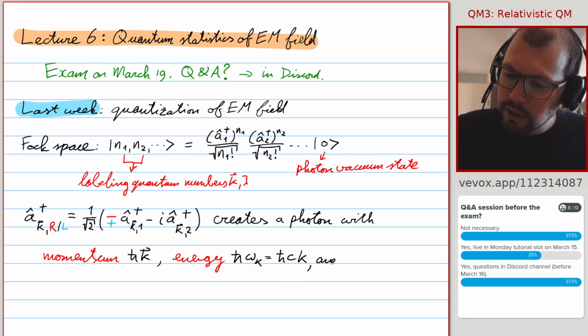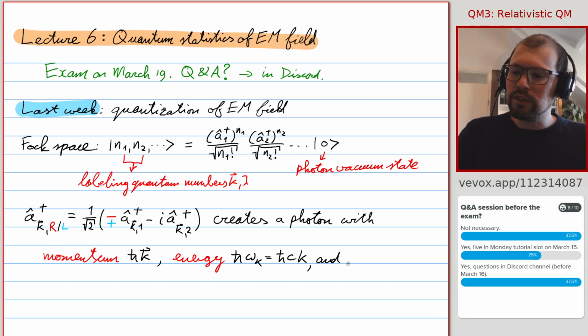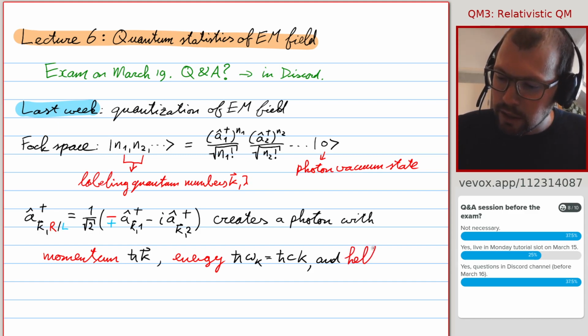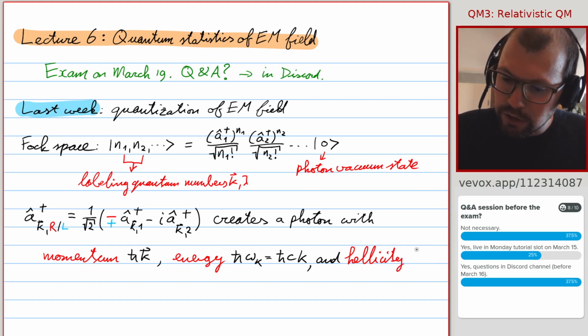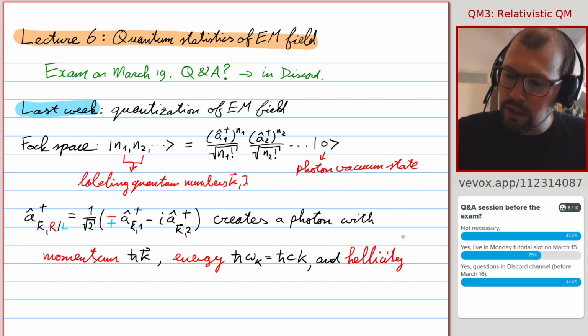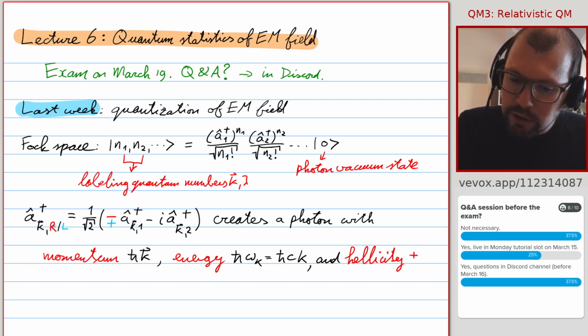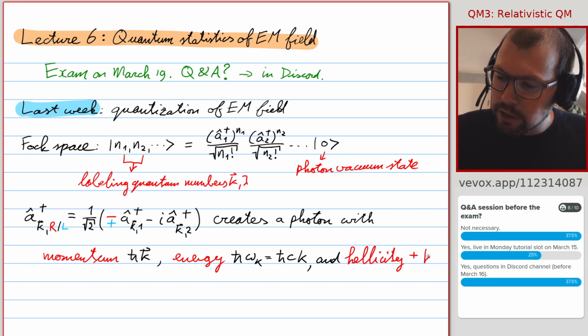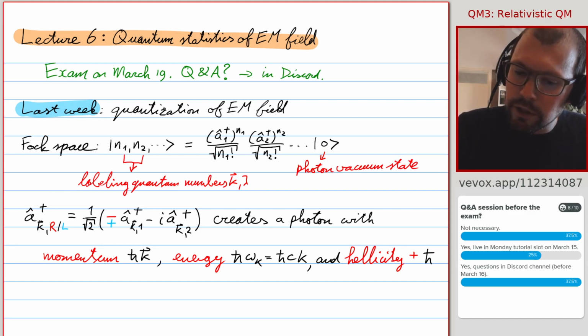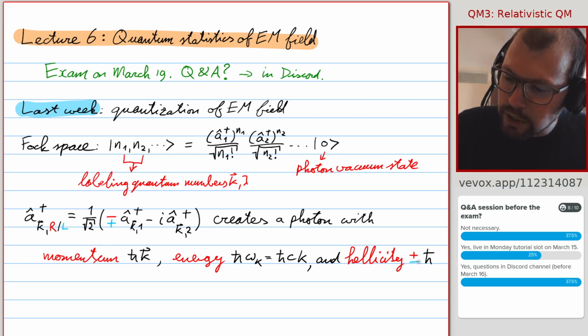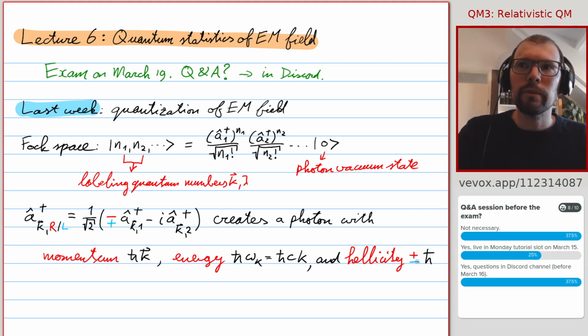And as I said, in this particular basis, these are the helicity eigenstates. Let me use the same color coding as I did there. So for the right-handed version, I get plus h bar, and for the left-handed version, I get a minus h bar.